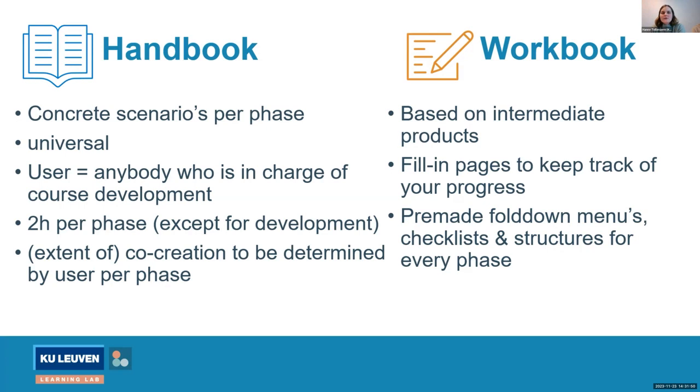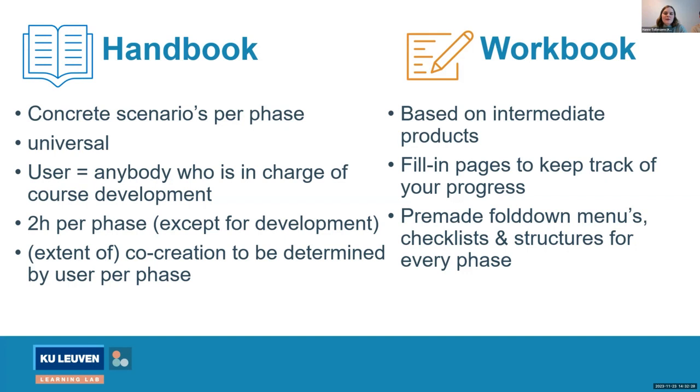Then next to the handbook, we are also creating a workbook, which is even more practical. It's based on intermediate products. Every step has an intermediate product that should be reached at the end of the step. The purpose of this workbook is to make it very easy to keep track of the progress and to have a kind of report at the end of every step, to make sure that you are able to document all decisions that have been taken, and everything that's said in a brainstorm, for example.